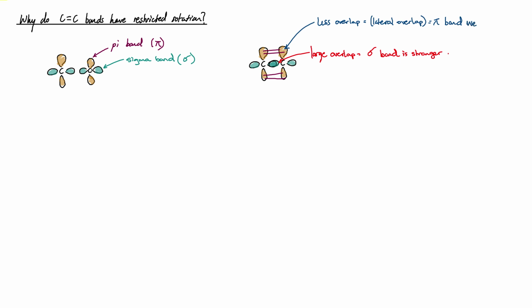And for the sigma bond, it's worth mentioning that this is head-to-head overlap of the p orbitals. And again, worth coming back here and just saying that these are p orbitals.